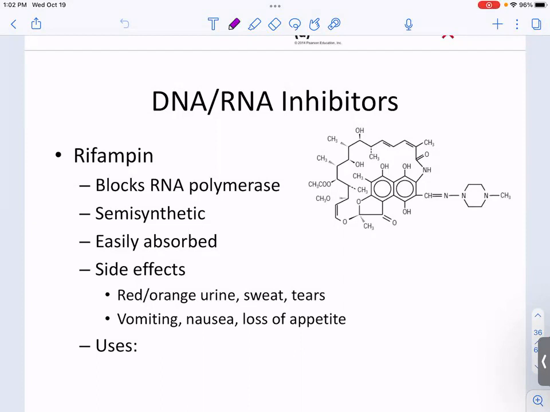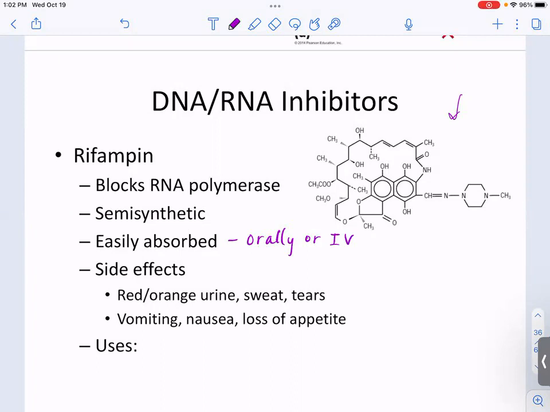It's semi-synthetic, and I don't know what part of that molecule is synthesized and what part is a natural product. It's a pretty complicated molecule there. But it gets absorbed pretty easily into the tissues in our body that need access to it. So it can be given orally or by IV or injected, either one.